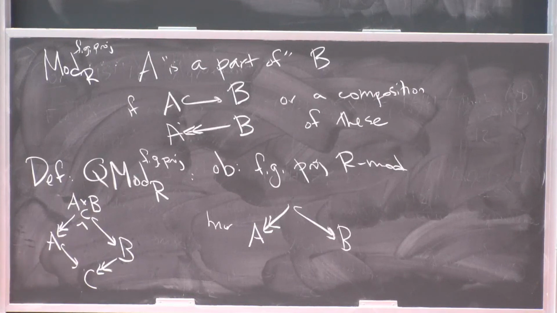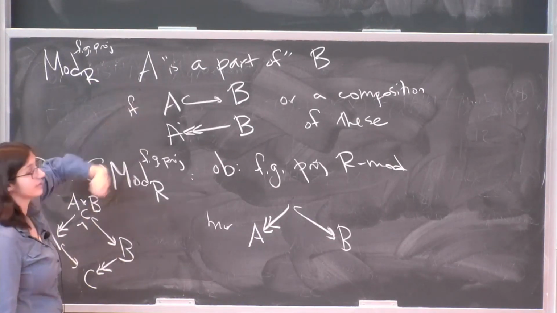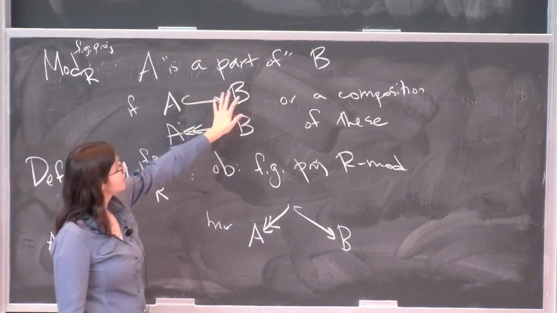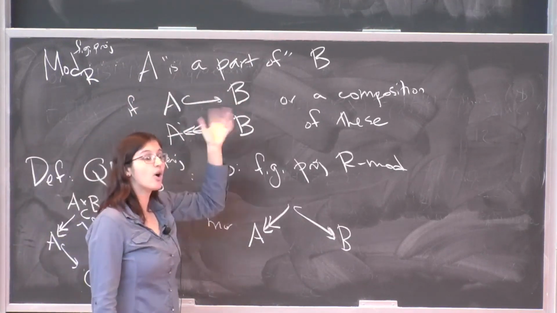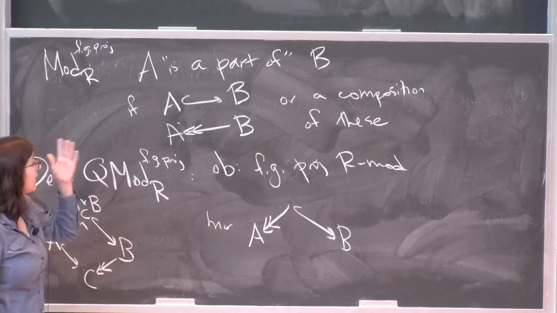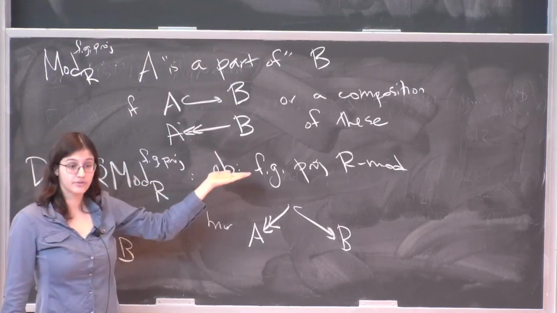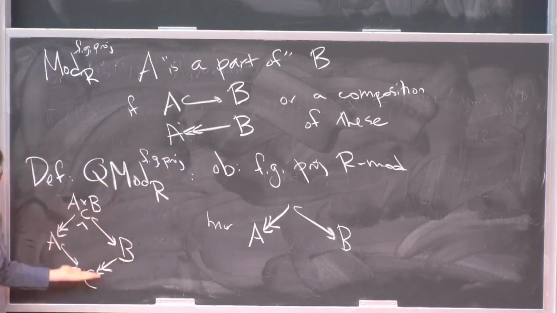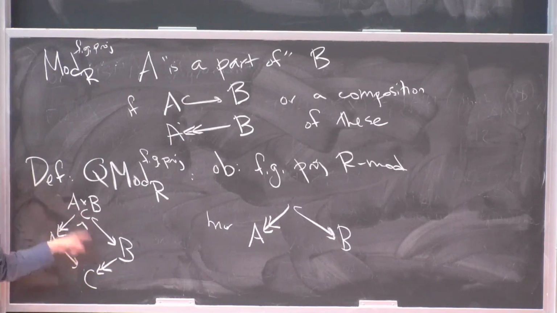So let's look at what's on the board. We have a category with objects with a notion of inclusion, of smaller than. We have 2 of these notions. And we have a way of commuting them past each other. Notice, however, that we never actually compose a surjection and an injection.